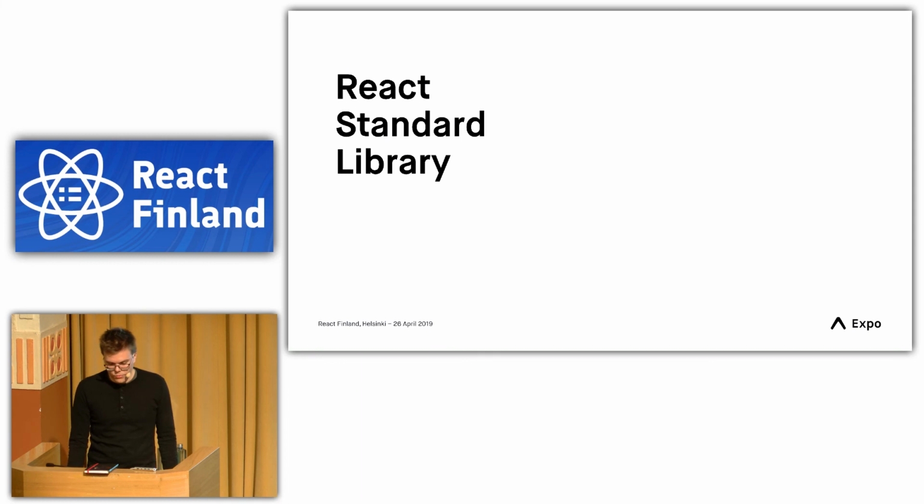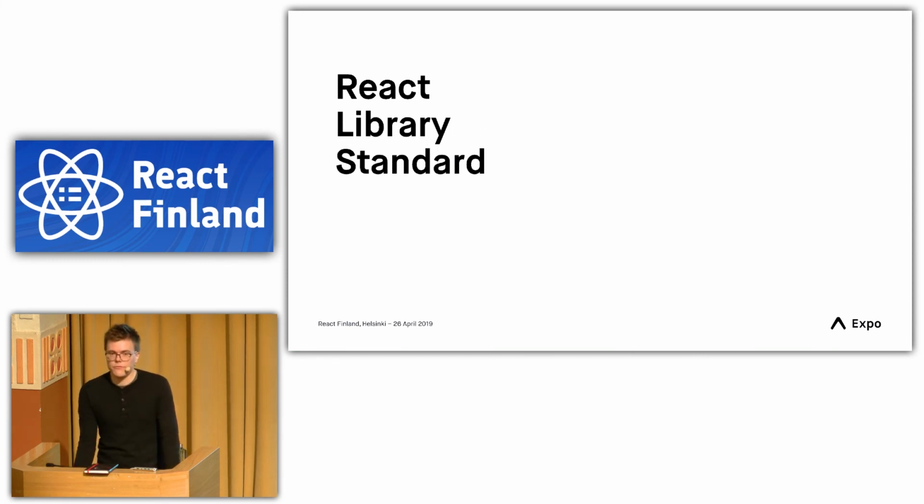So there's just one more thing that we need to fix. I said the talk was about a React standard library, but in fact, what I have described here is more of a React library standard.